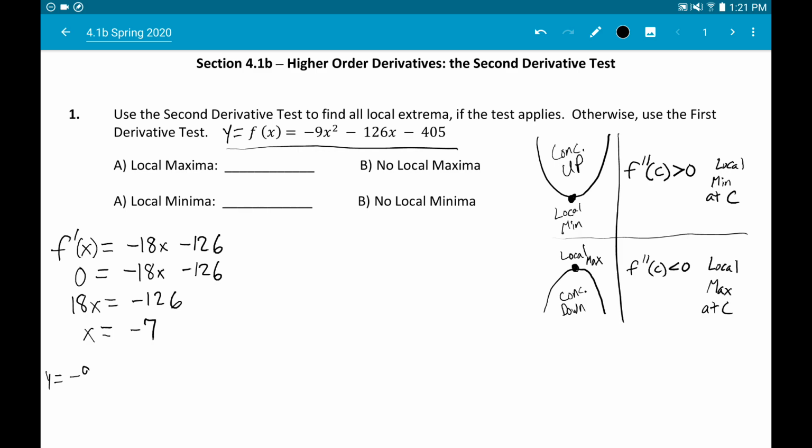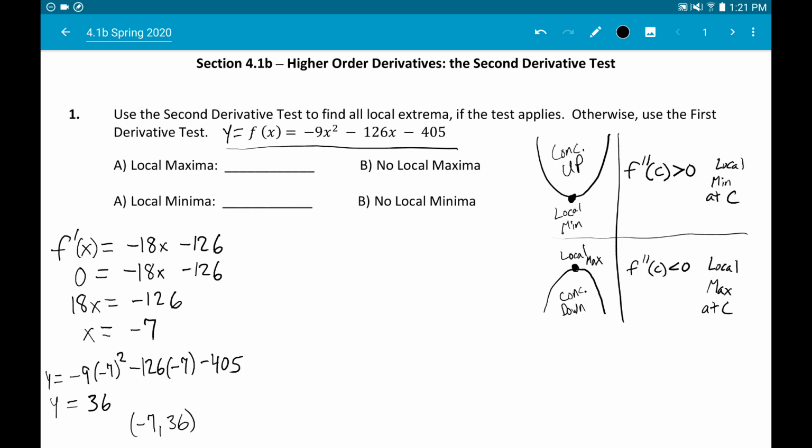So negative 9 times negative 7 squared minus 126 times negative 7 minus 405. Y is going to be, calculating that, 36. So your critical point is negative 7, comma 36.